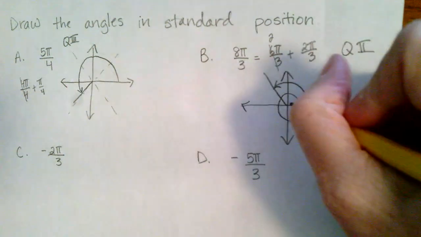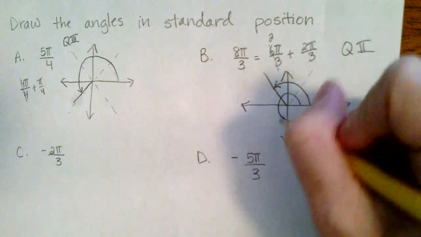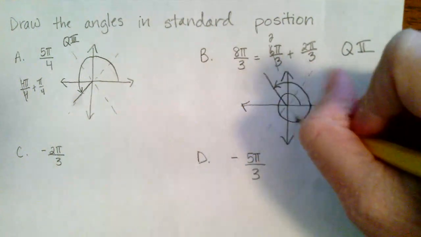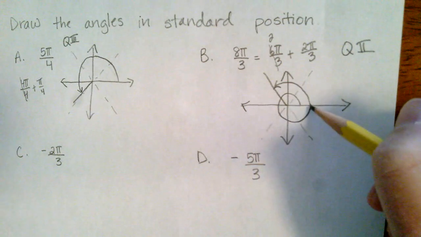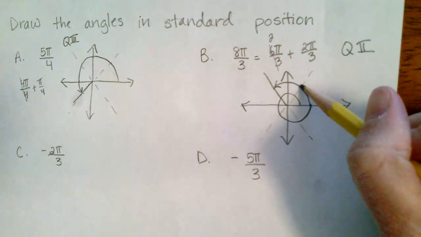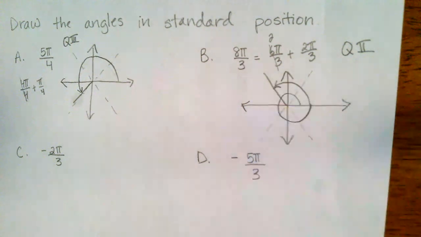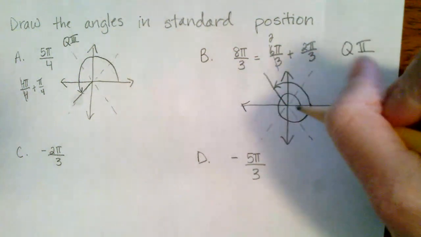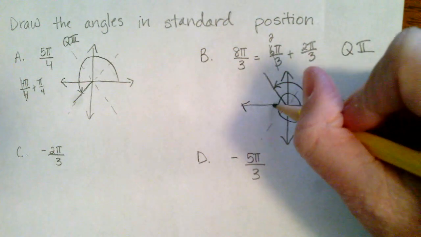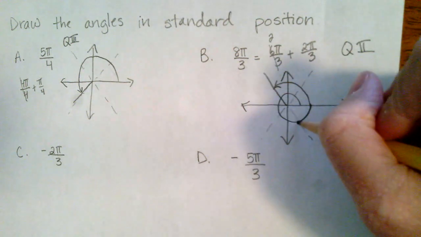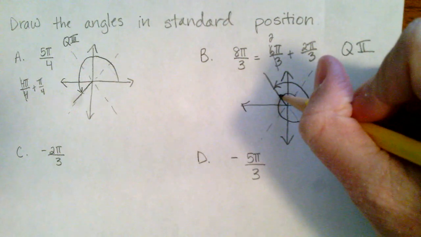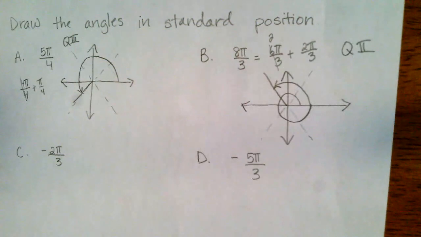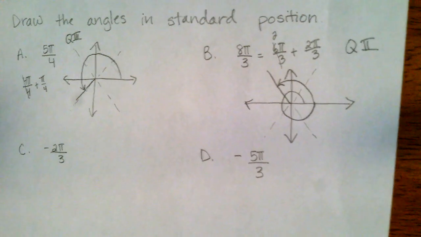If we had divided this into thirds, we could see that we went 2 pi, and then another 1, 2 pi over 3. We also could have counted 1, 2, 3, 4, 5, 6, 7, 8, and we would have gotten to 8 pi over 3. I just think that takes a little longer, and you know me, I always like to be efficient.